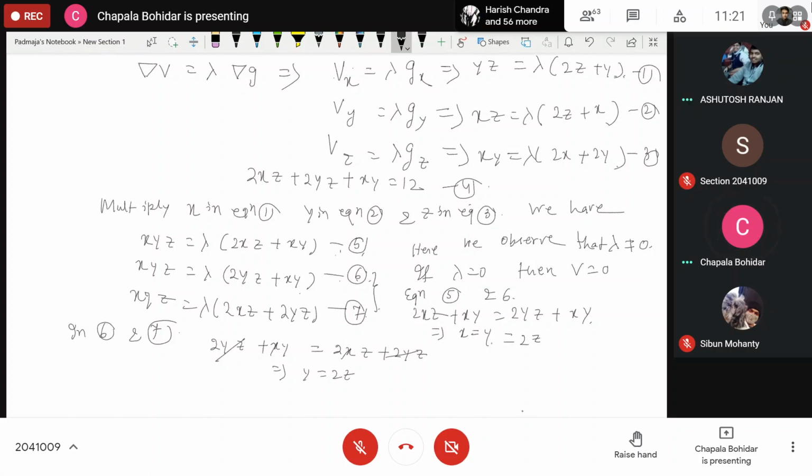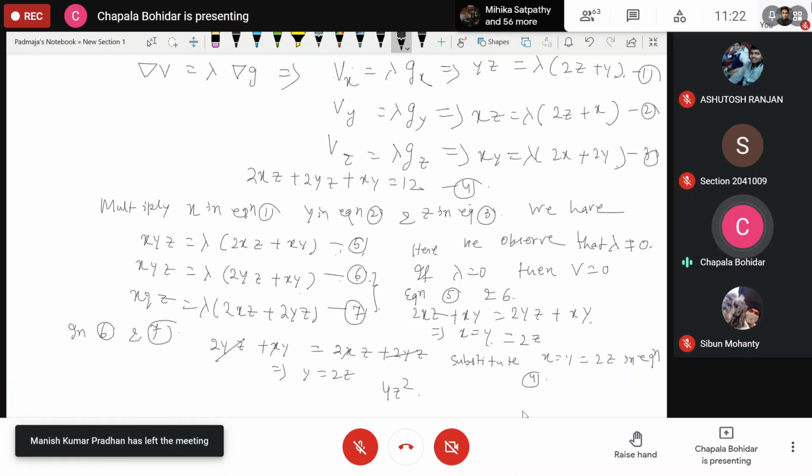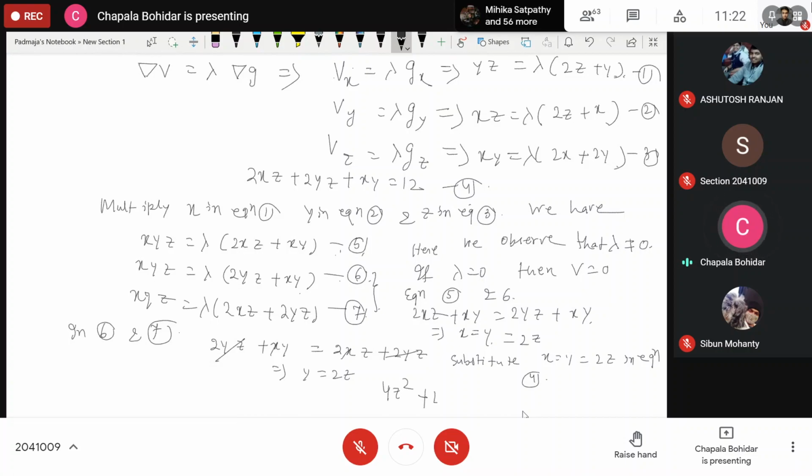Yes, ma'am. So by substituting x is equal to y is equal to 2z in equation 4, we get in terms of z, 2z square, so it is 4z square is equal to 2a.